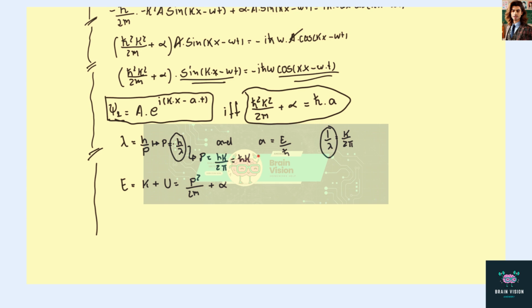Substituting this result in our equation for the conservation of energy, we get that E is equal to h bar squared k squared divided by 2 times the mass plus alpha. So, by identifying this term with this term of our solution, we conclude that E is equal to h bar times omega. So, omega is equal to E divided by h bar, just like the de Broglie relation claimed.